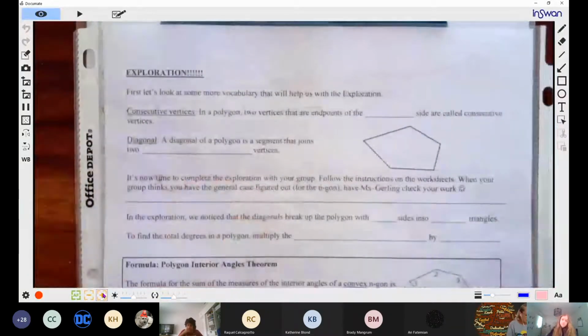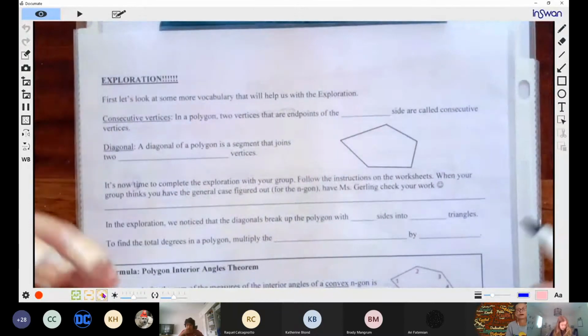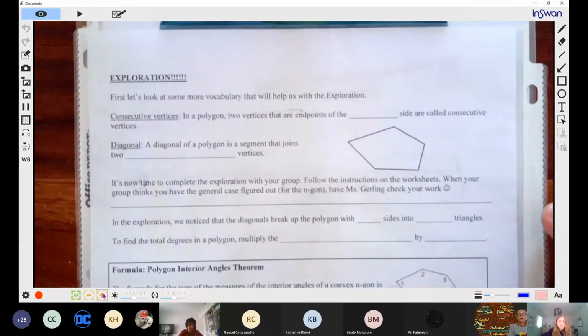All right, now this is sort of an exploration because it's such a meaty topic. There are lots of things, and what I really want you to be able to do is remember this formula without just memorizing it. That's why these notes are going to take longer.